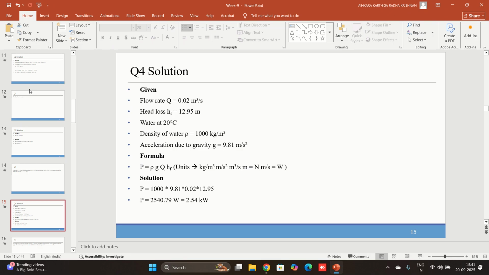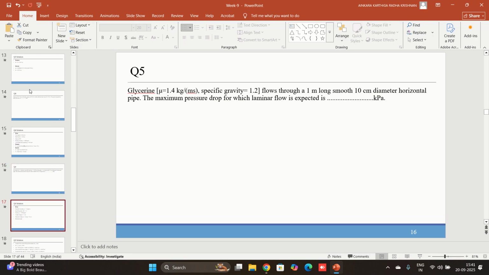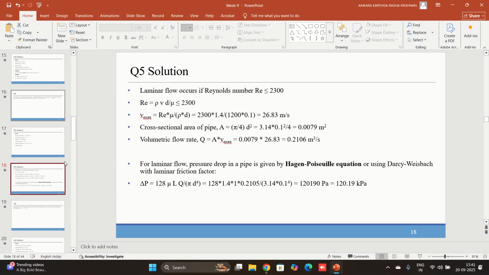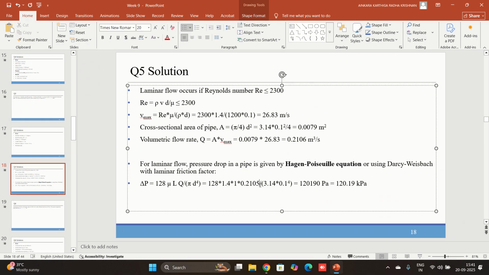So it is 128 mu into L into Q divided by pi d power 4. So it is 128 into 1.4 into 1, where 1 is the length of bed, Q here is 0.2106, divided by 3.14 into 0.1 to the power of 4.